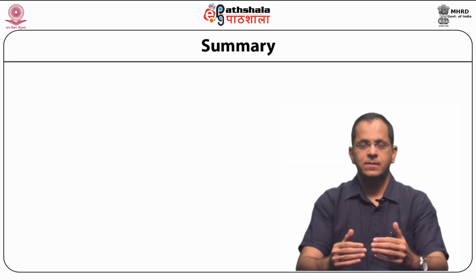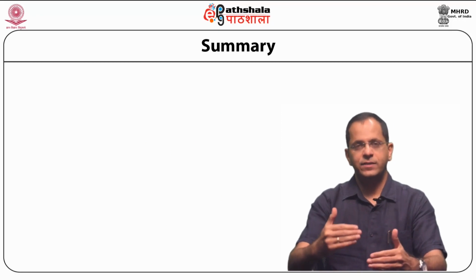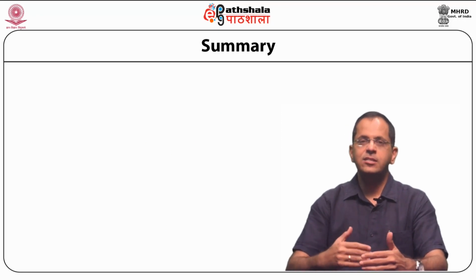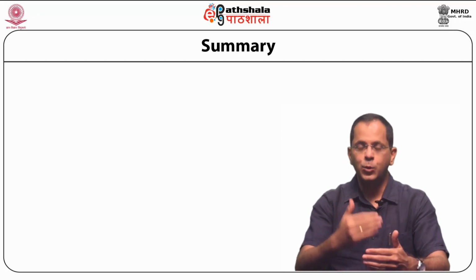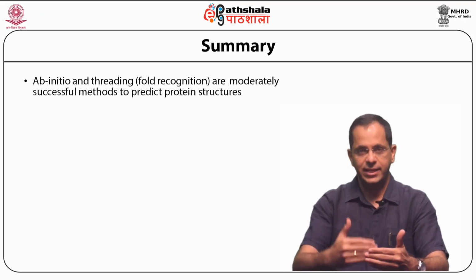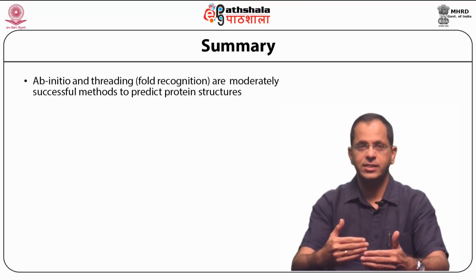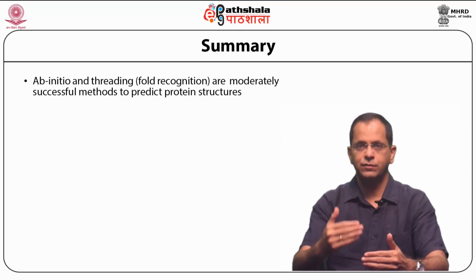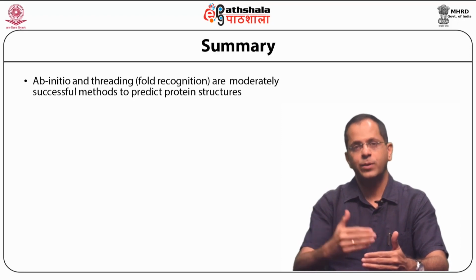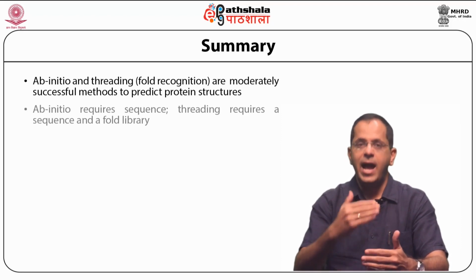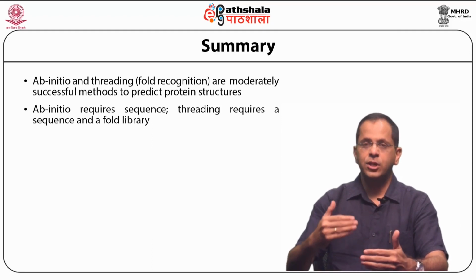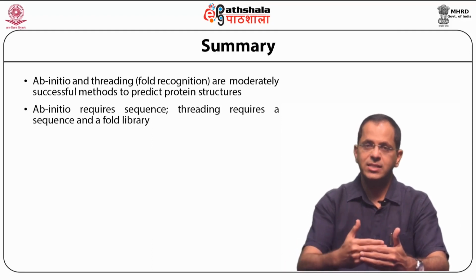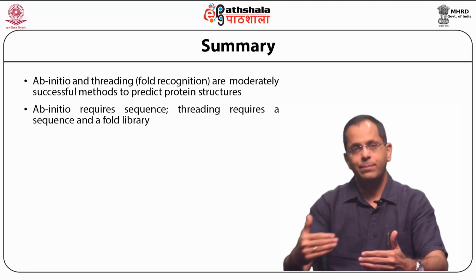So students, now that we have come to the end of this particular module, let us summarize what we have learnt. Two methods, ab initio and threading, which is also called fold recognition, are moderately successful methods to predict protein structures. Ab initio requires a sequence, whereas the methodology threading requires a sequence and also a fold library.